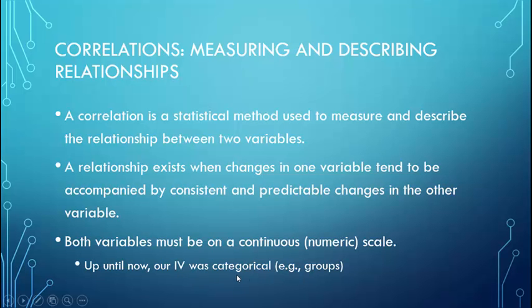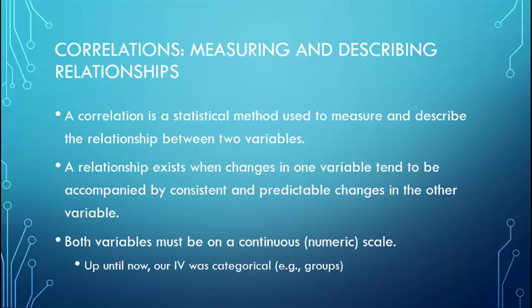We were comparing two groups in the cases of t-tests, one group who gets some kind of treatment, one group who doesn't, on a dependent variable like a depression inventory or an IQ test or something like that. But we were comparing two groups, or in the case of ANOVA, we were comparing three groups. Our independent variable was categorical.